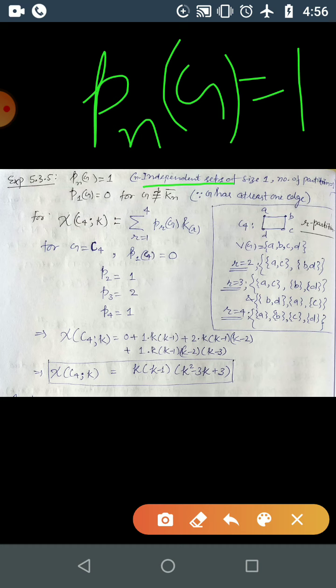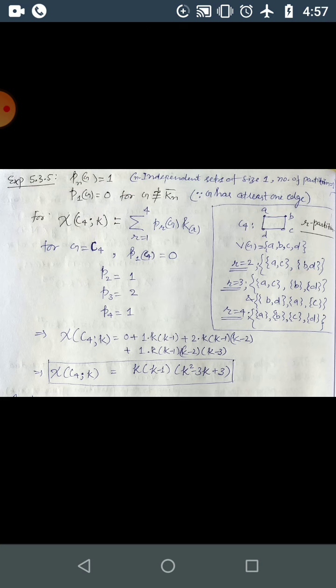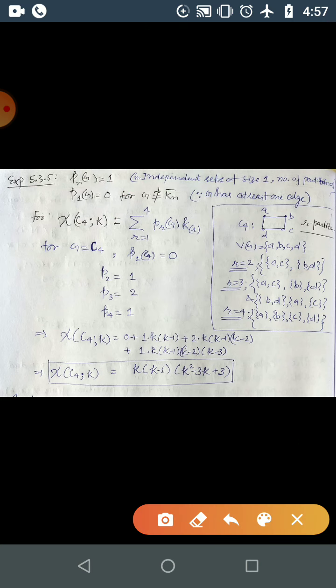N vertices, n sets, so only one: each set has size one. So P_n(G), the number of partitions corresponding to n classes, will always be 1. The number of partitions into n sets is 1.